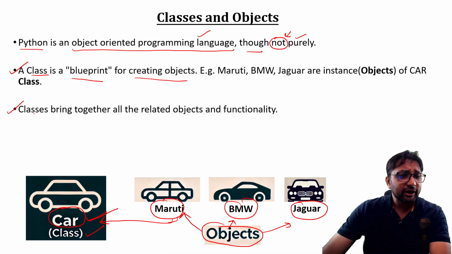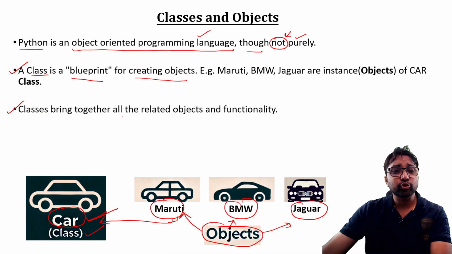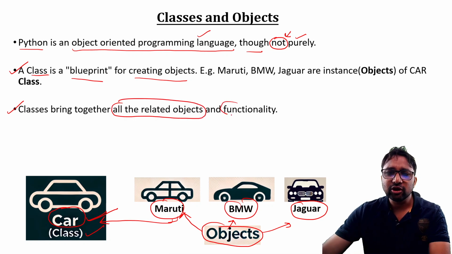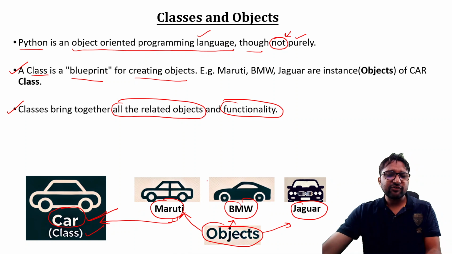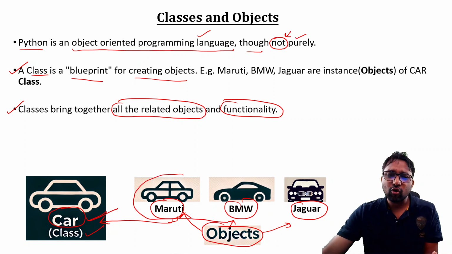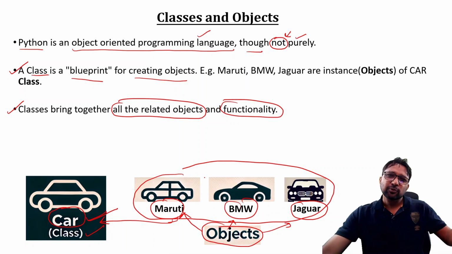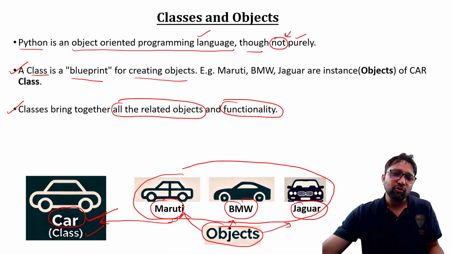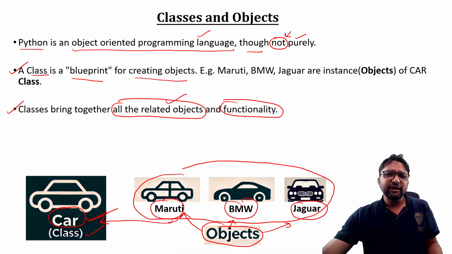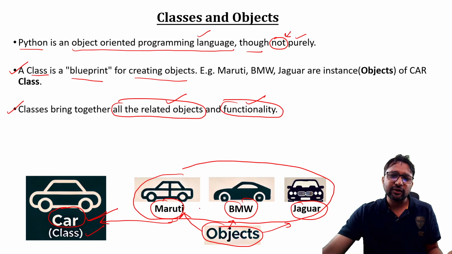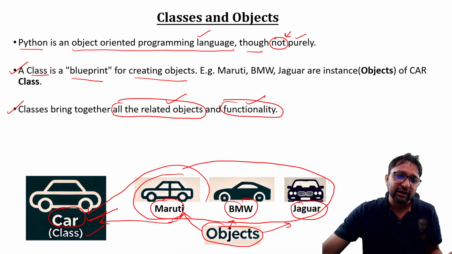Another point we can discuss here is that classes bring together all related objects and their functionality. The functionality of all of these cars is to provide the facility to transport, and they are all almost similar. So if they are related and the functionality is also the same, we can put them into the same class.